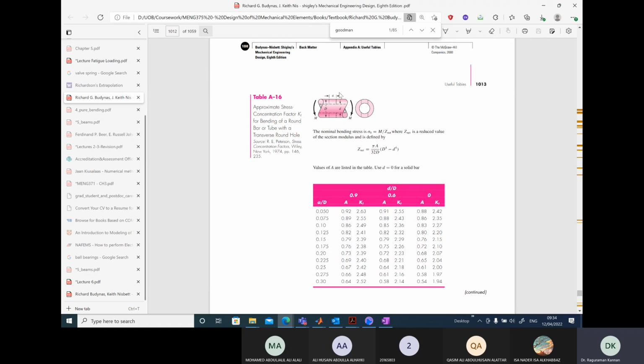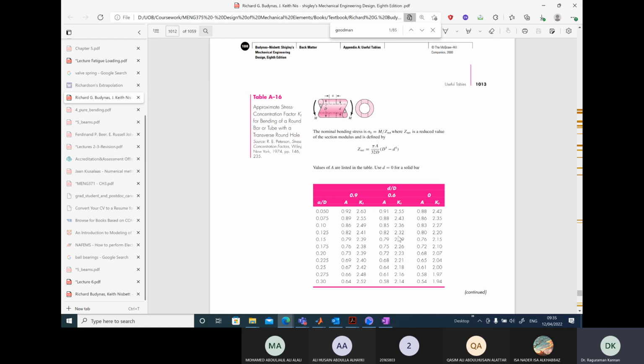It has a transverse hole with a particular radius A. Okay, and we need to extract two different values. One value is A, because we are directly given how to calculate the Z net value. Since we have a bending moment load, we need to calculate that and then evaluate what is sigma naught with specifically the transverse hole of a particular size.